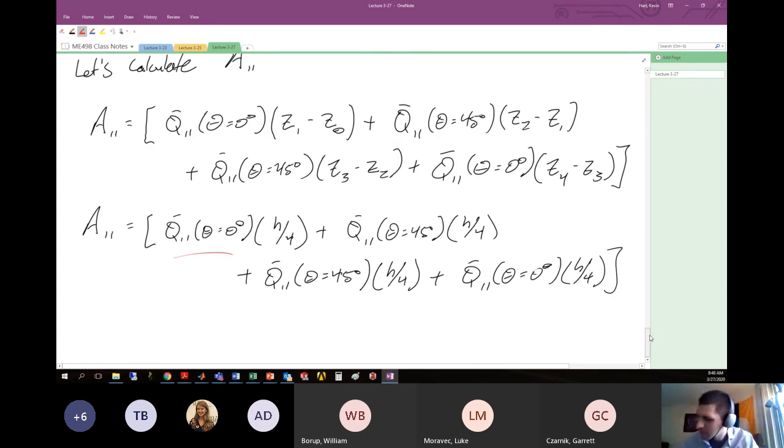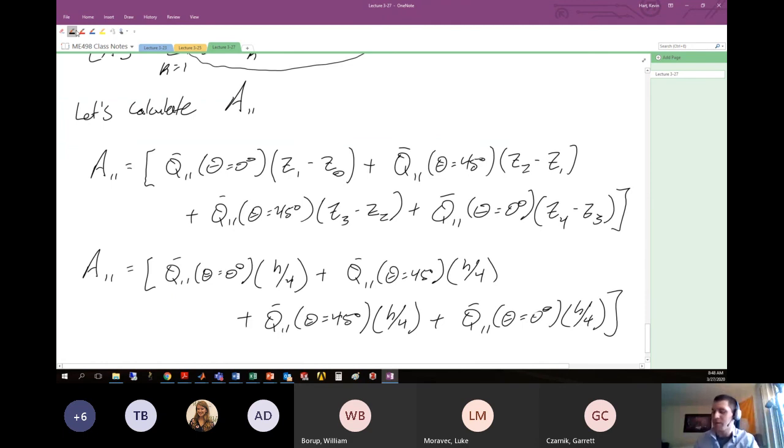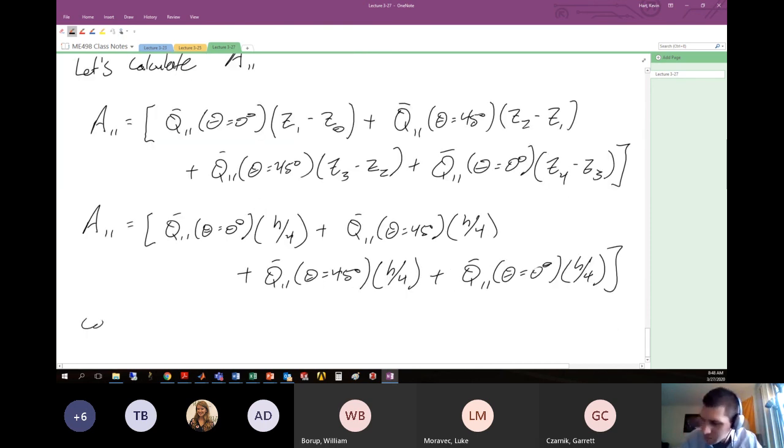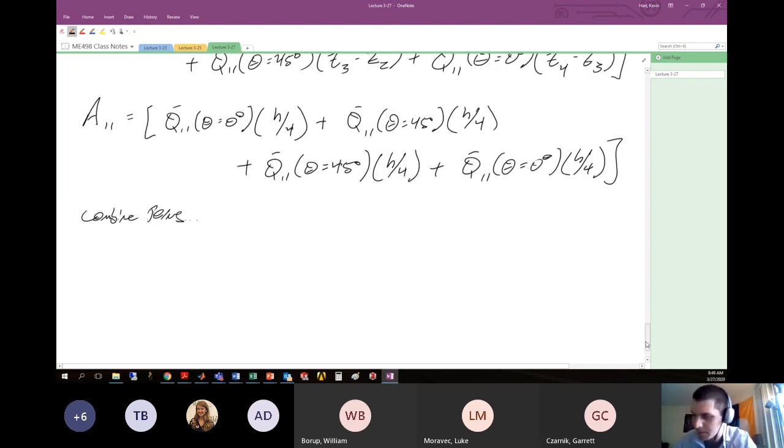Okay. So we'll also notice here that we have some redundancies. Q bar 1,1 for theta equals 0 degrees appears twice, and also Q bar 1,1 for theta 45 degrees appears twice. So what we're going to do is simplify this and combine terms. And you're going to be left generally with A11 equals H on 2, because I'm going to pull H on 4 out from each one of these.